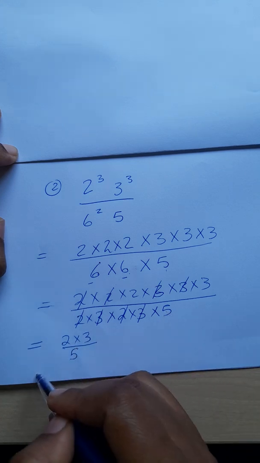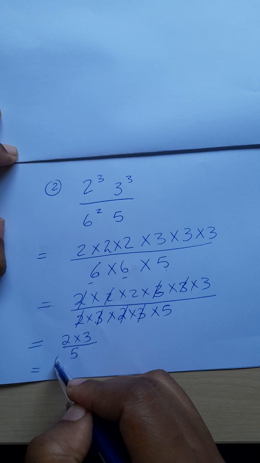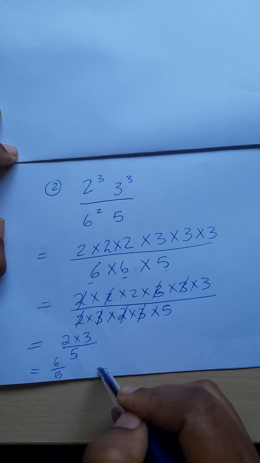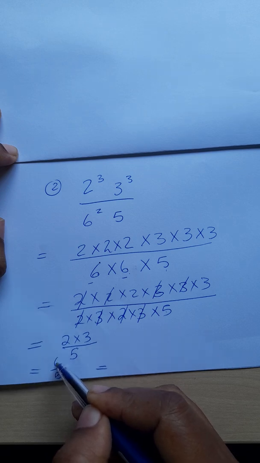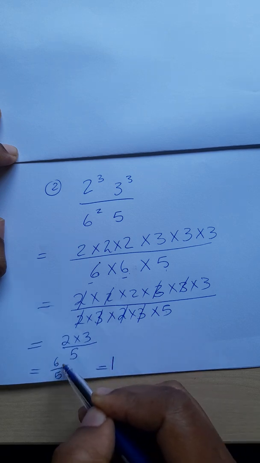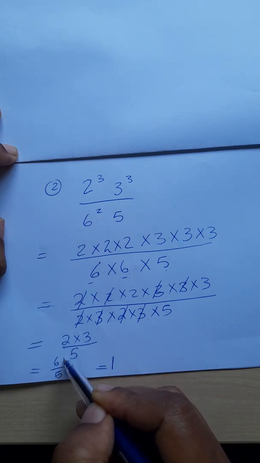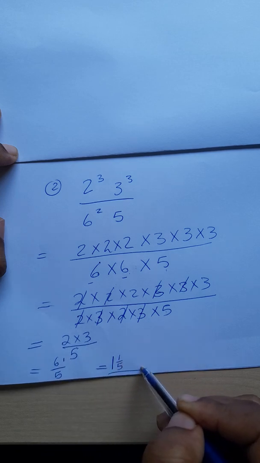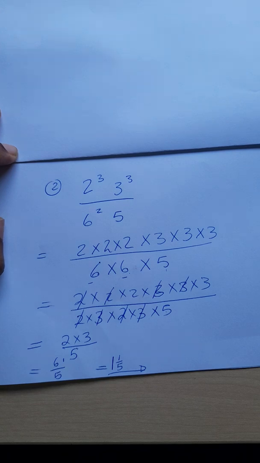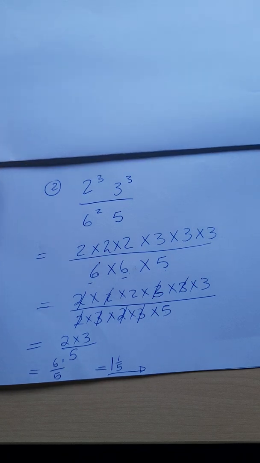This is the same as 6 over 5. And 6 over 5 can be written as 5 goes into 6 one time, and the remainder is 1, and 5 cannot go into 1, so I will have 1 and 1 over 5. This is my answer. This is your example on page 29.